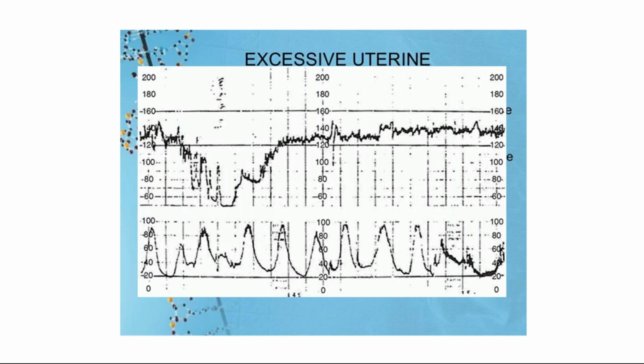So internal monitoring is again associated with so many risks. Internal monitoring is also there, where you can record fetal pulse oximetry, fetal ECG can be taken, and fetal scalp blood pH can be taken. But they're all invasive procedures, right?